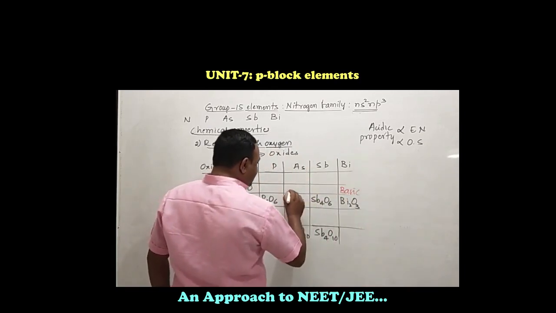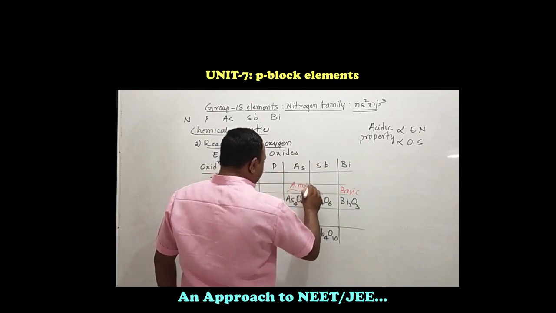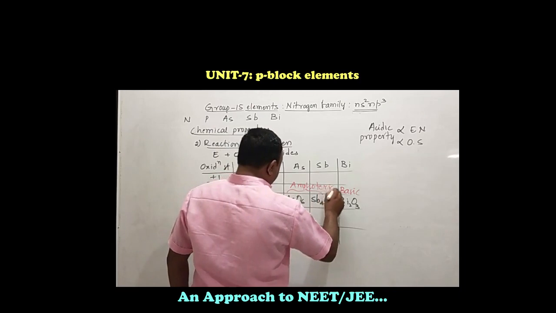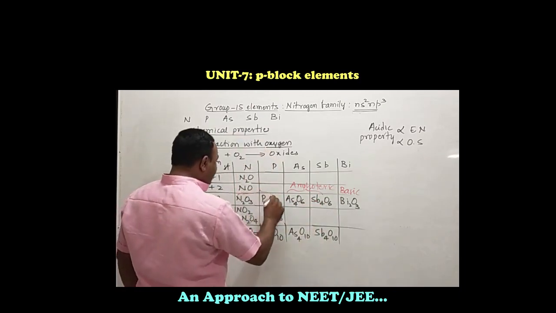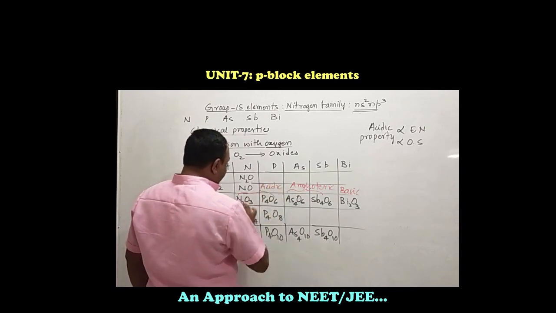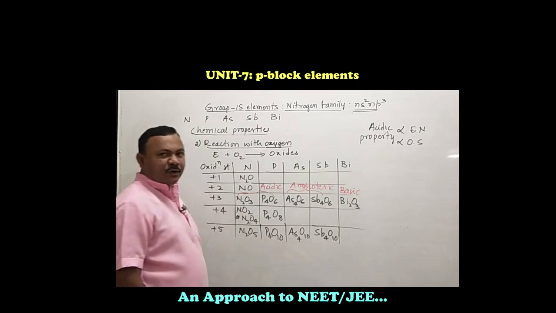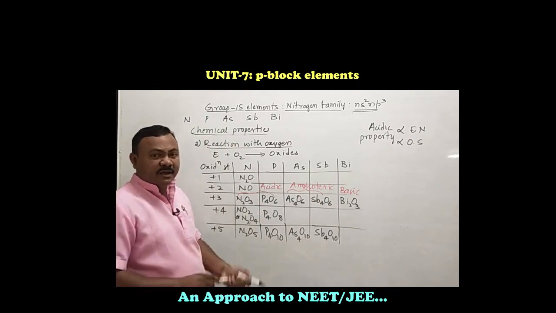Arsenic and antimony trioxides are amphoteric, as arsenic and antimony are metalloids. And the oxides of nitrogen and phosphorus are acidic. When we move from nitrogen to bismuth, electronegativity goes on decreasing, and with that acidic character goes on decreasing.